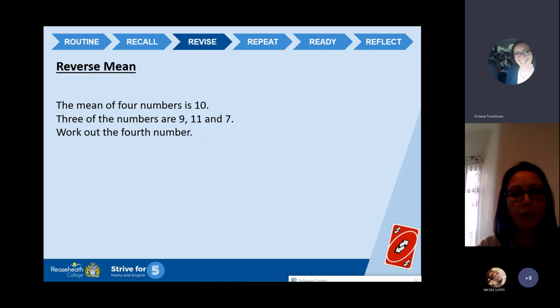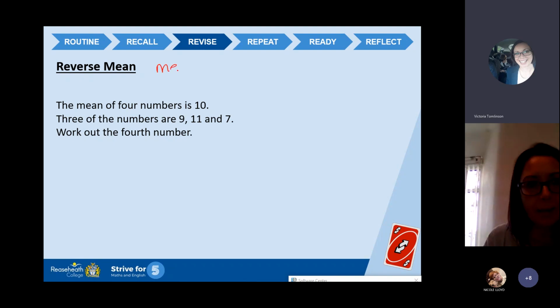And then the thing that I want to actually do, which I think most of you might need to practice, is reverse mean. So the mean of the 4 numbers is 10. Now, some of you, if you have Sam as your teacher, he may have been doing this with you because I know that he's a lover of reverse mean. I haven't done it with any of my groups, but we basically need to do it backwards.